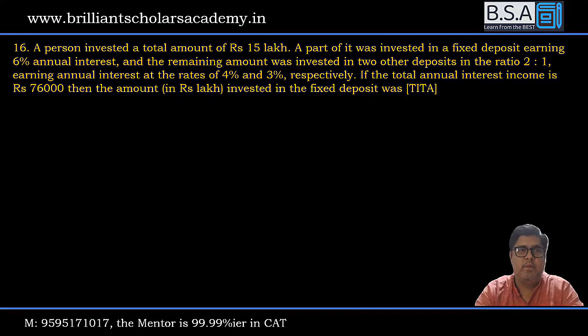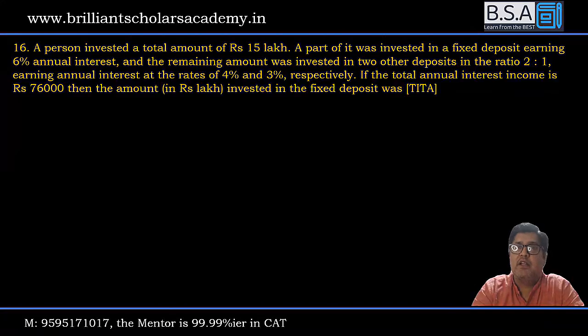Try. A person invests a total amount of rupees 15 lakh. A part of it was invested in a fixed deposit earning scheme, 6% annual interest. The remaining amount was invested in two other deposits in the ratio of 2:1, earning annual interest at the rate of 4% and 3% respectively.